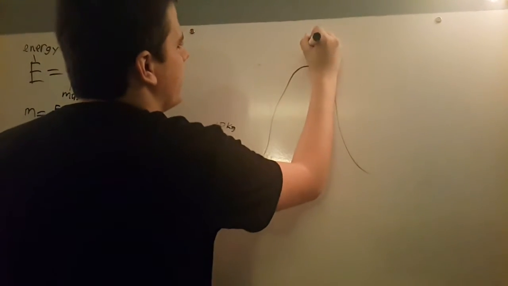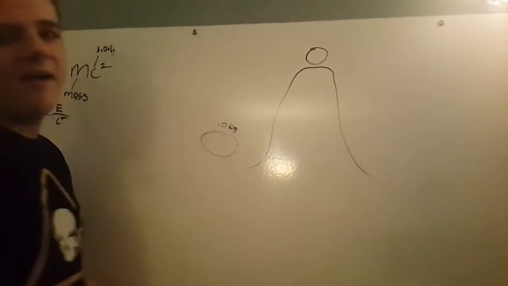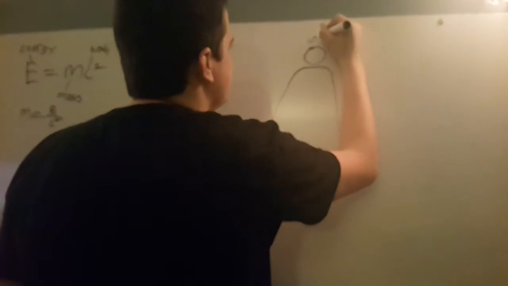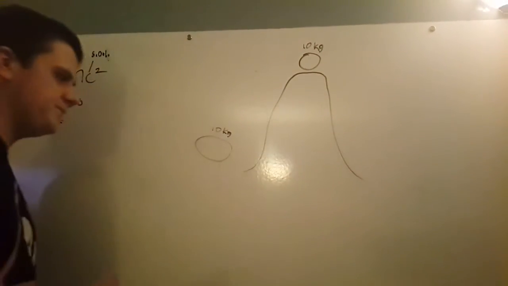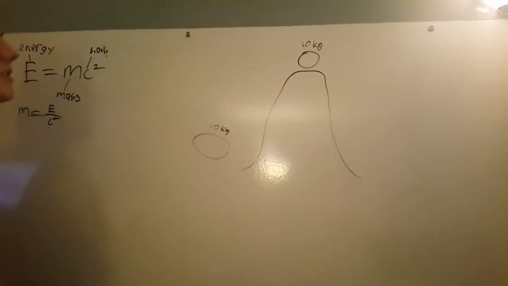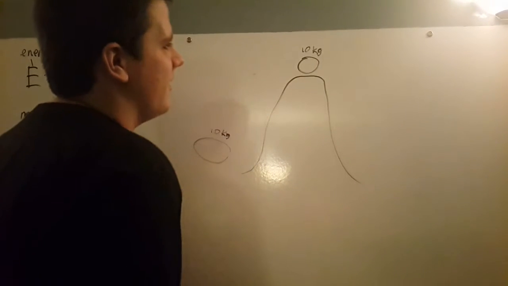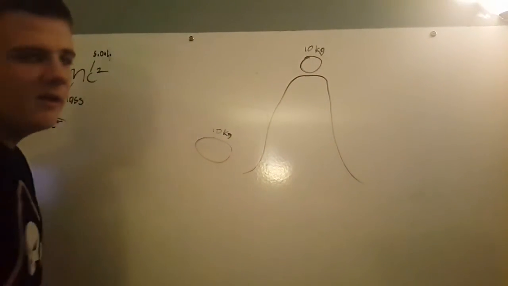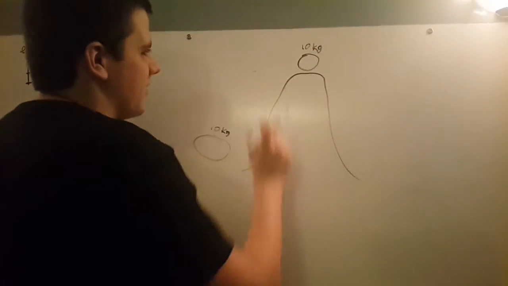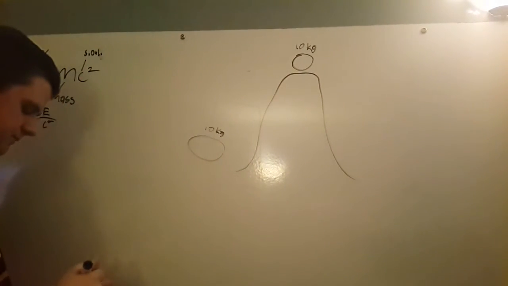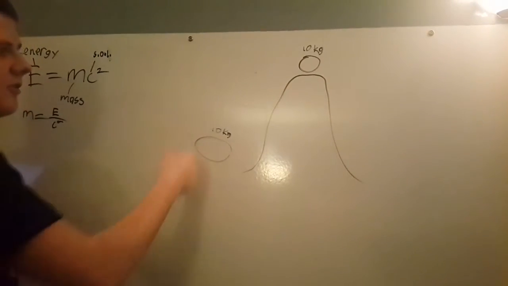If you put this boulder at the top of the hill, it took more energy to get it up there, but that energy was converted into potential energy. So at the top of the hill, this boulder actually has more gravitational pull because it has greater potential energy. It's exerting more gravitational force on everything around it than the one on the ground, even though they're the same exact mass.